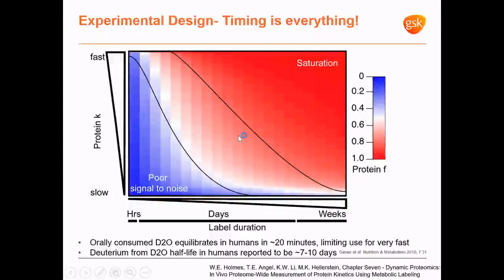Deuterium oxide really performs best because you can dose people and animals, and it has a relatively long half-life. You can keep people on fixed label exposure for weeks to months with no toxicity or adverse events, and what you'll see is just a brighter and brighter signal as you go out in time for labeling, for days to weeks to months.